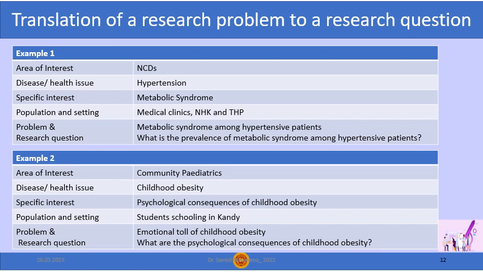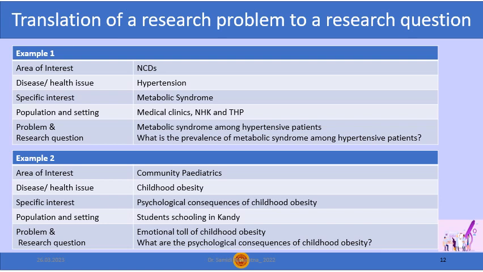Now in this slide and the next slide, I have tabulated four examples. I have taken four examples from the four main domains in clinical medicine, that is surgery, medicine, pediatrics, and obs and gynae.